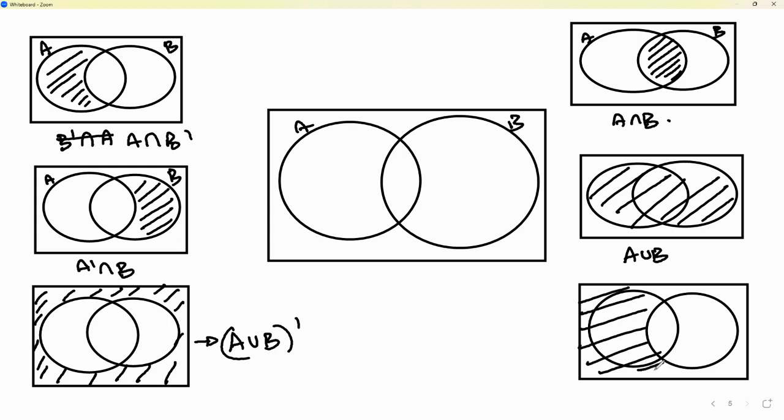I have to choose everything around this part. That'll be not B. We can also write this in other ways.